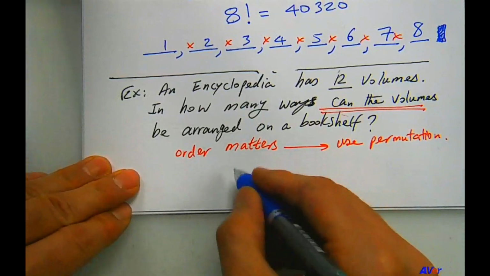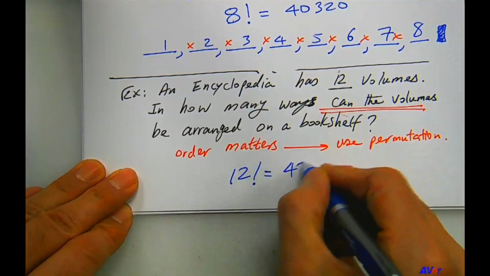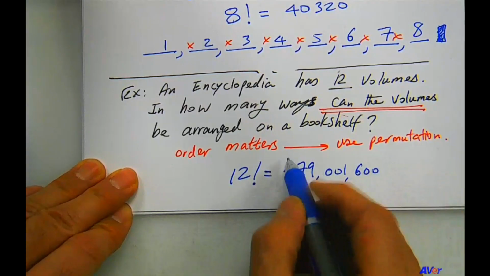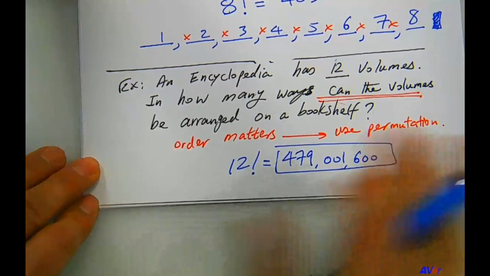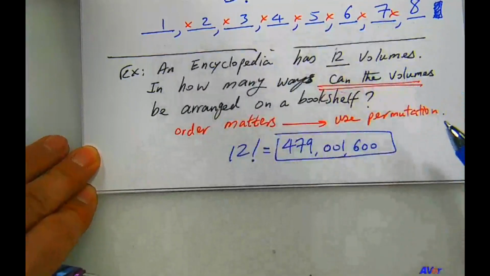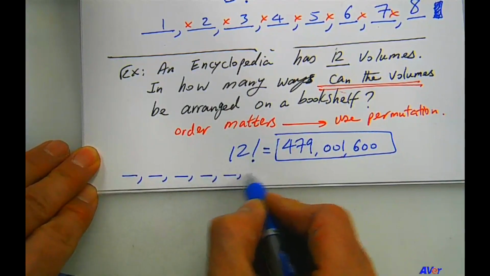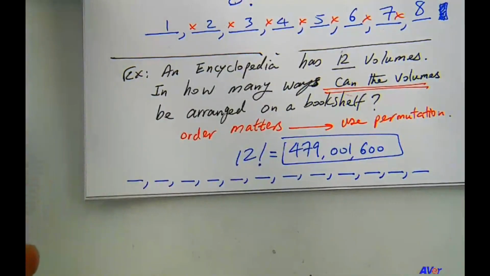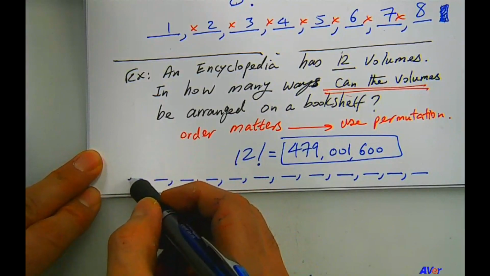So we say 12 factorial, which would be that quantity. Again, the logic behind this, if you want to understand why this is the case, just think of it as the multiplication principle that I explained earlier. So 1, 2, 3, 4, 5, 6, 7, 8, 9, 10, 11, 12. And then you simply ask, how many choices do I have to fill this spot on the bookshelf?